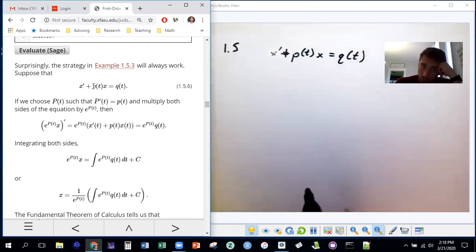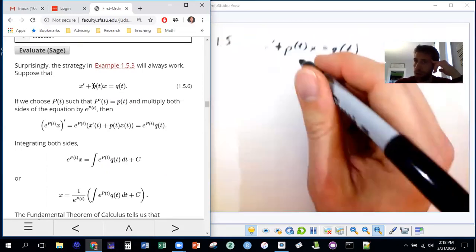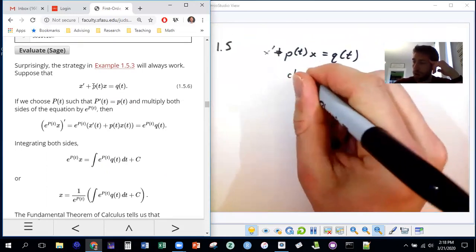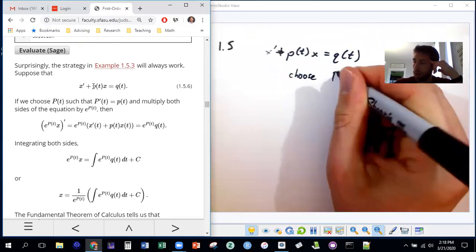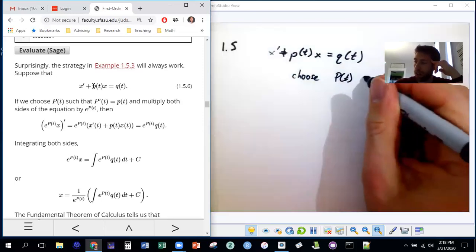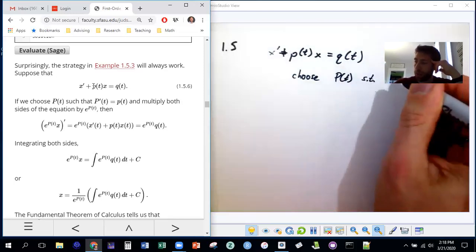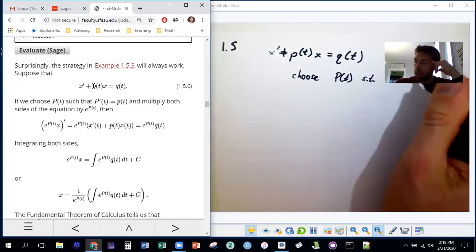And then you want a thing whose derivative is p of t. So like I choose capital P of t such that capital P prime of t is little p of t.